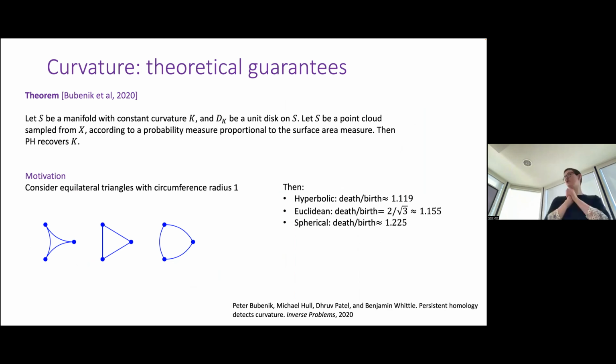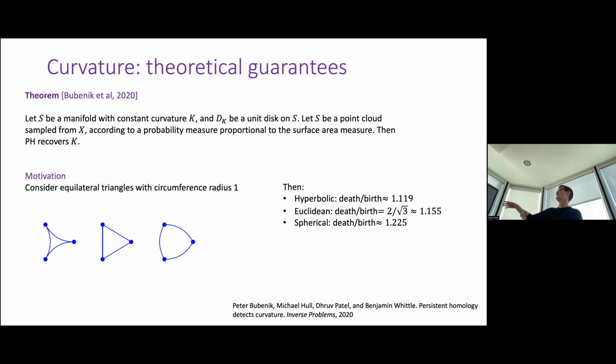So for curvature, as I said, there is this, maybe less well known, but still well known theoretical guarantee in this paper by Bubenik and co-authors, which showed that one can recover the curvature from a unit disk on a manifold. The picture is a screenshot from a slide by Bubenik.